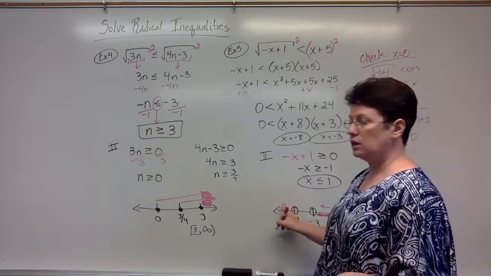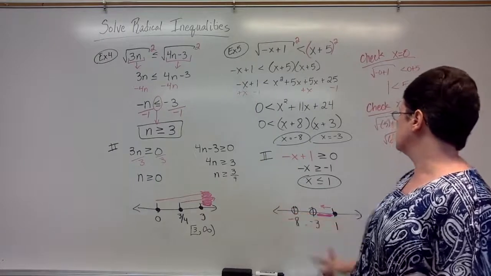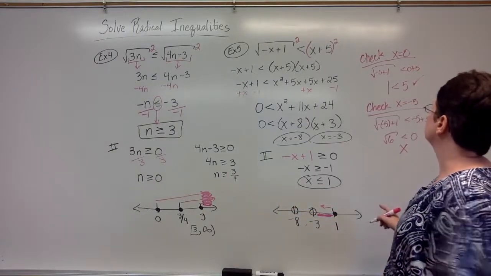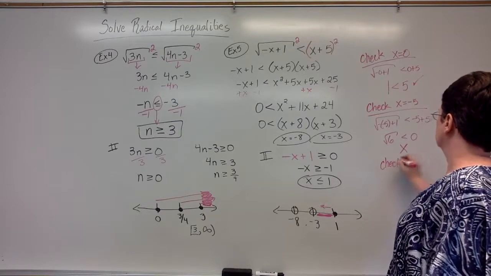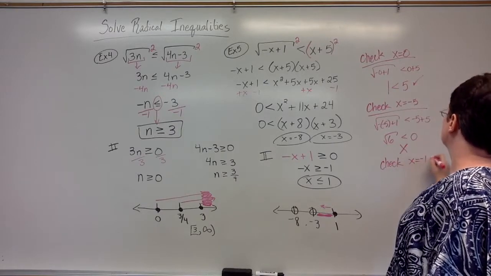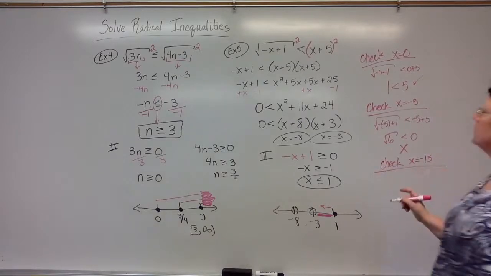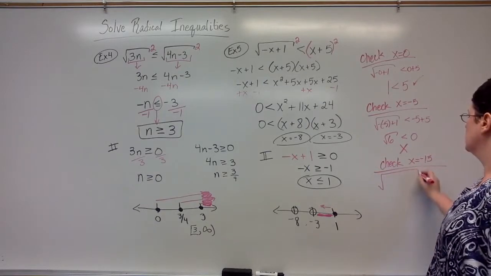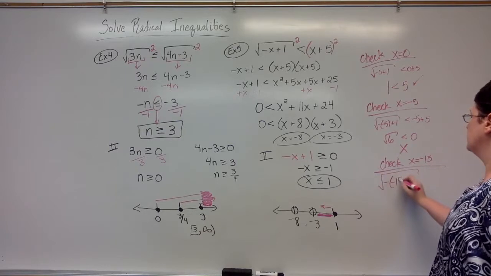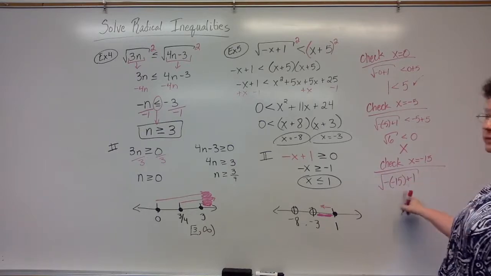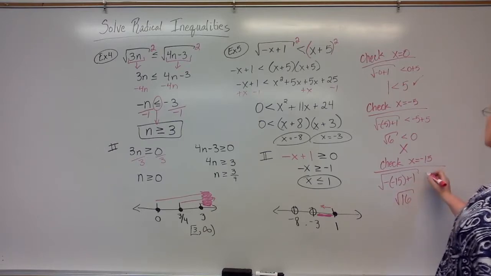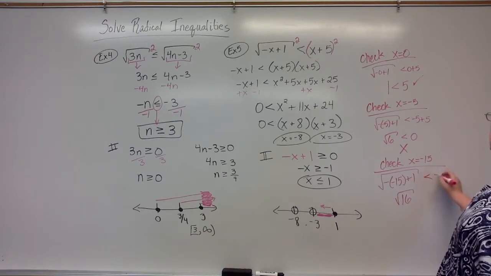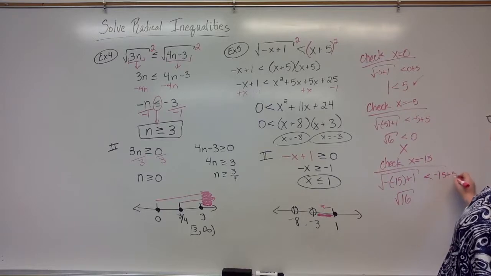All right, now let's look over here, past the negative 8. I'm going to go with x equals negative 15. Check it out. Square root of negative of negative 15 plus 1 gives me 16, right? So I have the square root of 16. Is it less than negative 15 plus 5, that's negative 10?